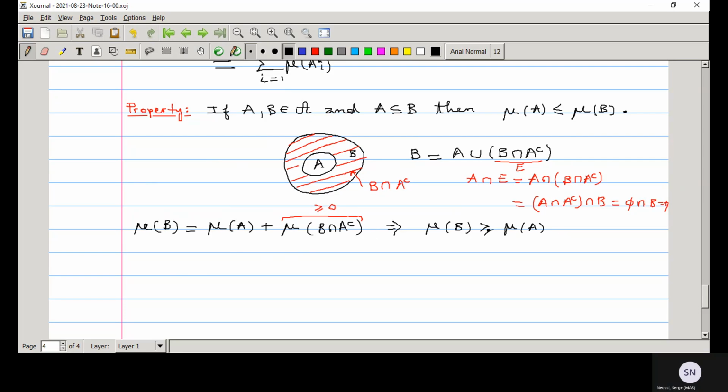Or if you don't want to write it directly, you can just say that mu A is equal to mu B minus this, which I call mu E. But this is less than or equal to mu B. Why?